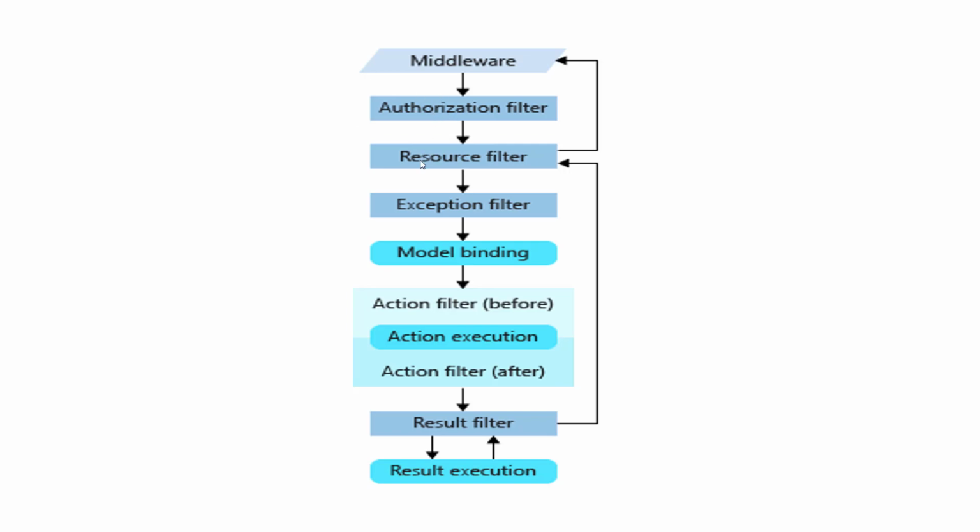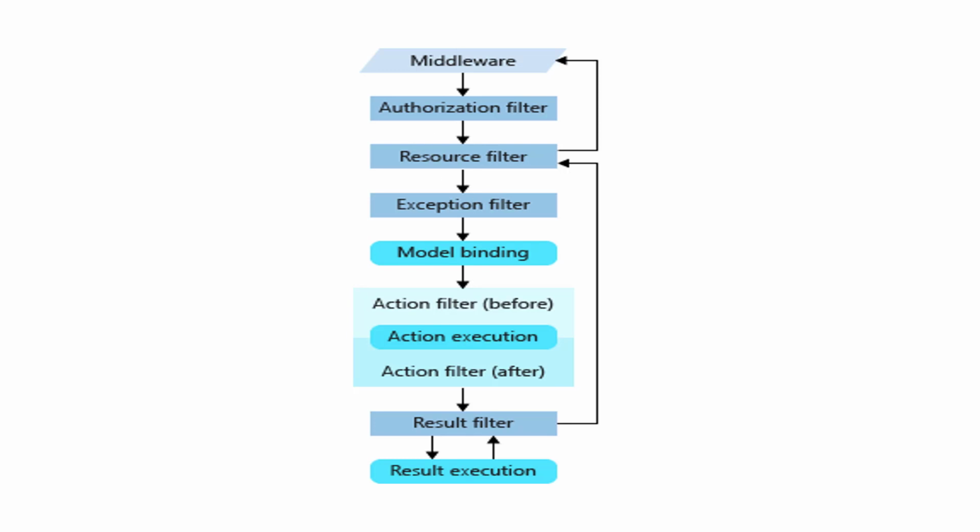Then resource filters, exception filters, then model binding would happen, then action filters before and after, and then result filter. After that, we can have result execution. This means the whole pipeline that we're gonna deal with.